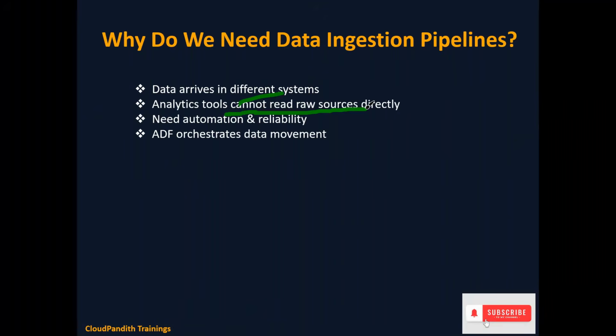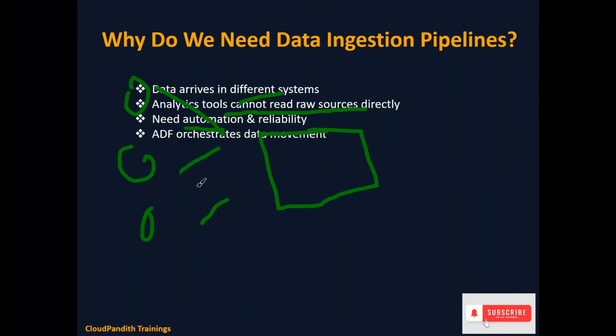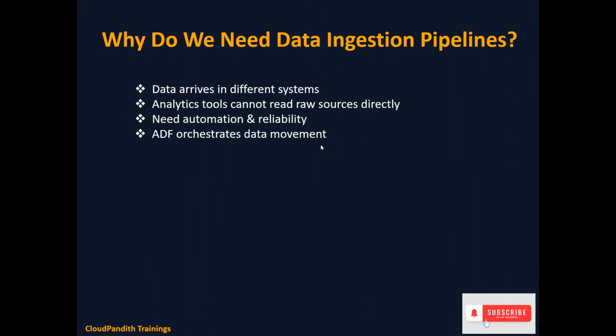So we need a reliable, automated way to move this data from multiple source systems into a single storage. This process of moving data from multiple sources to a target is called data ingestion. Azure Data Factory helps us automate and orchestrate this data ingestion process. Now we clearly understand why we need a data ingestion pipeline.